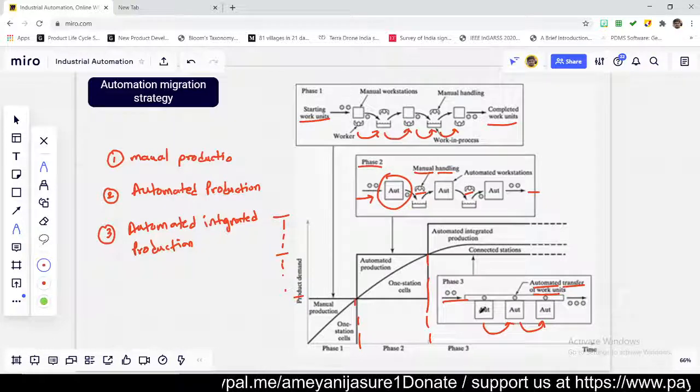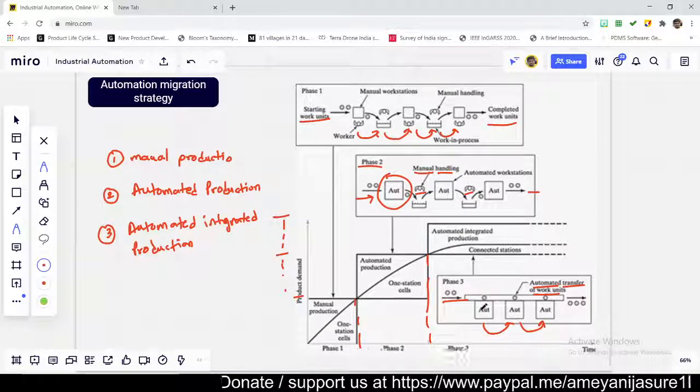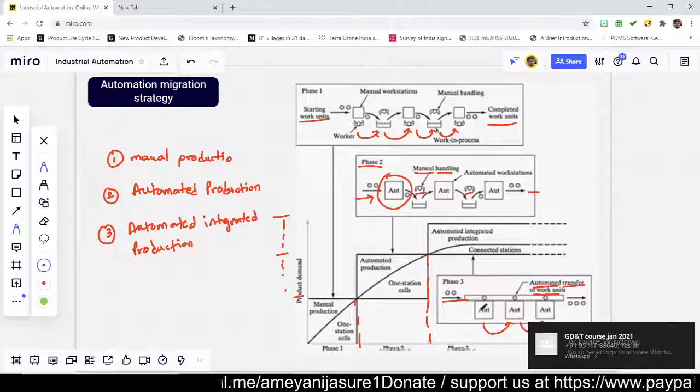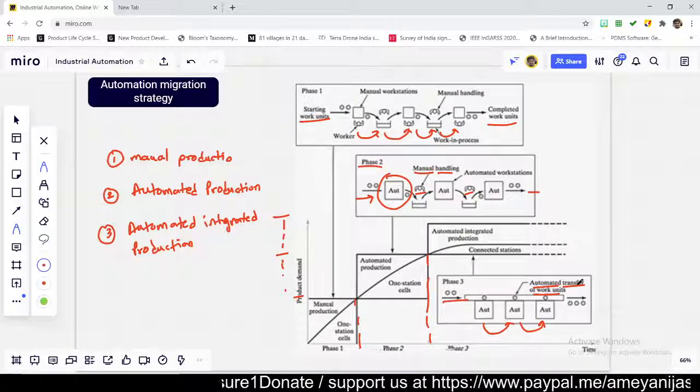The advantage of this automation migration strategy is once your product is finalized, you can slowly shift to automation, and that will not give you a higher investment cost at the initial stage. You can always change slowly, investing some amount of money for each operation to automate, and then proceed to the final automation, that is the complete automation with conveyor systems and a complete automatic system.